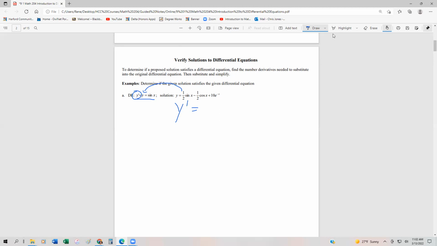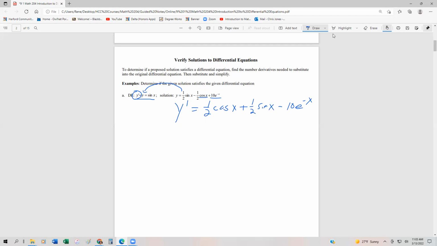The derivative of sine is cos. The derivative of cos is negative sine, so that turns into a plus 1/2 sine x. And using our chain rule, we have negative 10 e to the minus x as the derivative of 10 e to the minus x.